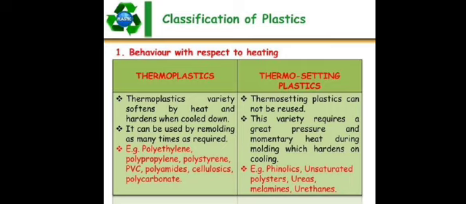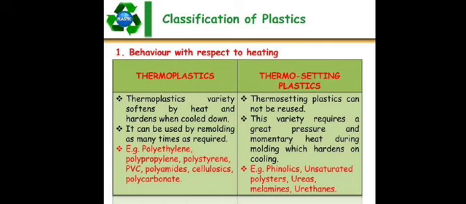Thermosetting plastics cannot be reused. Once the thermoset plastic is used, we cannot reuse it. But the thermoplastic material we can use repeatedly with heating and cooling. This variety requires pressure and heating during molding.